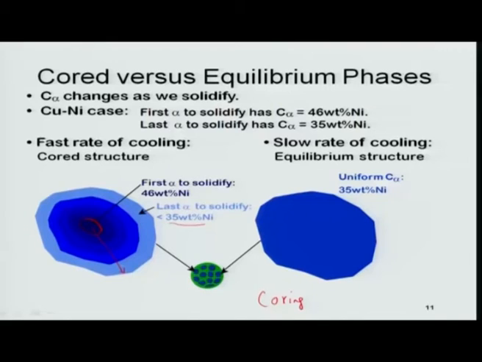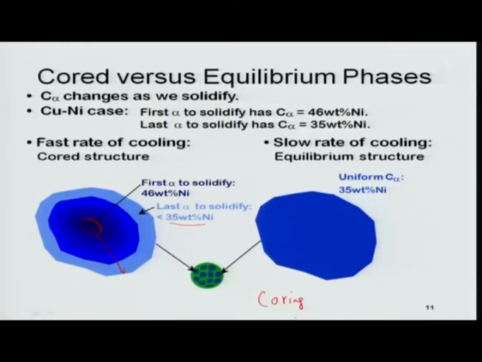This is mainly because of the non-equilibrium nature of the solidification process, in which the system is forming solid whose composition varies from the center or core to the periphery, and this variation is going to create compositional modulations, and this can only be removed by further heat treatment, known as annealing.